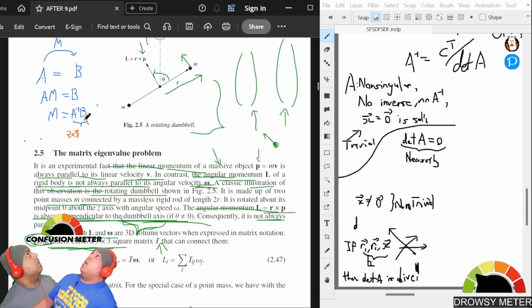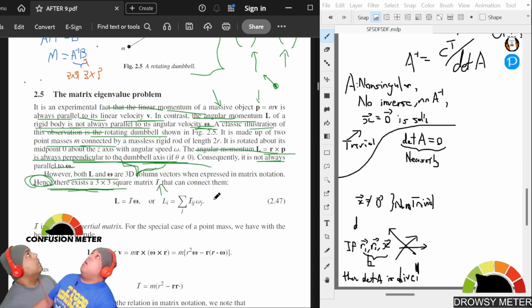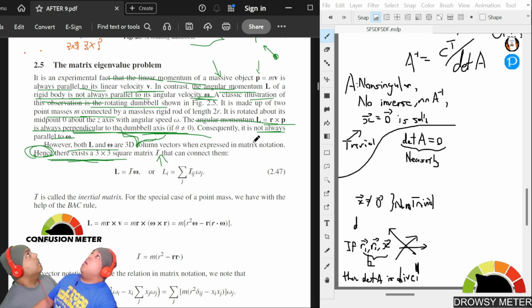Which means this needs to be a 3 by something. 3 rows, endless amount of columns. Hmm. Okay, let's just continue.